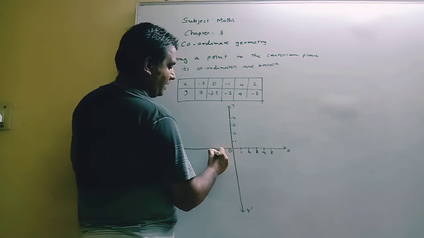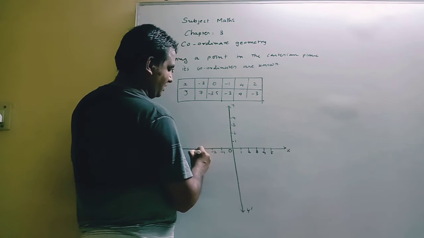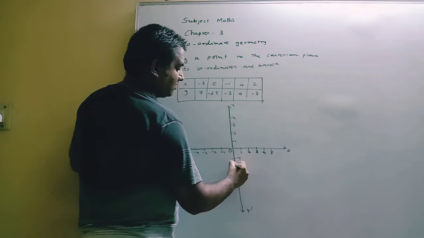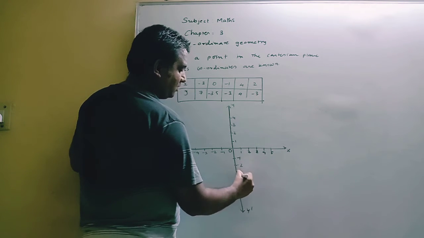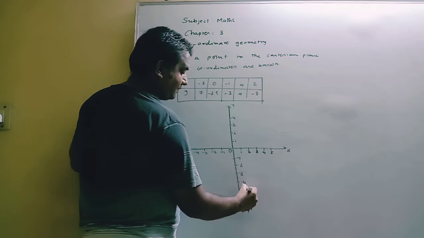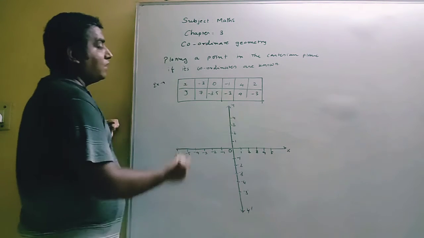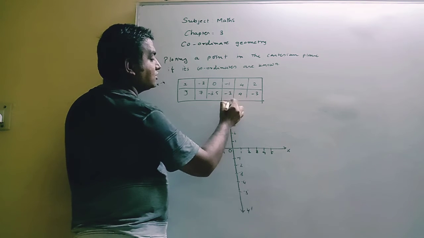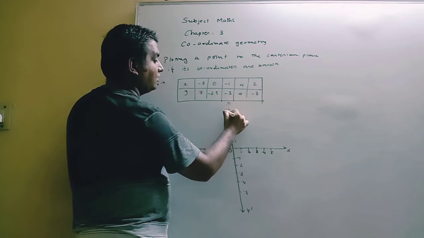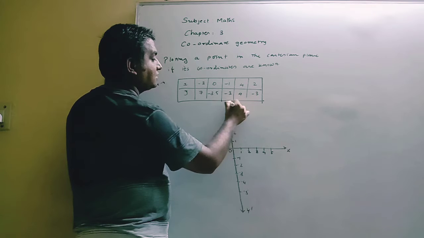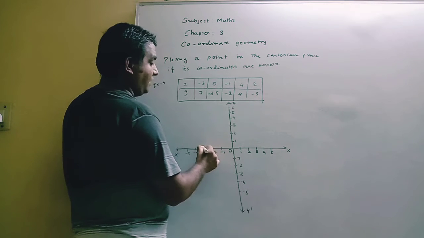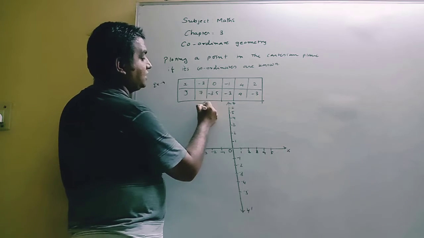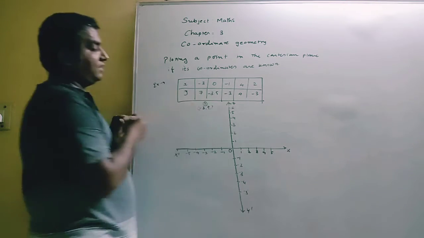Minus 1, minus 2, minus 3, minus 4, minus 5. So x is minus 3 and y value is 7, so till 7 we will write 5, 6 and 7. So minus 3 and 7, this will represent (-3, 7).